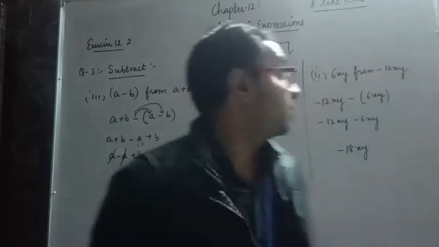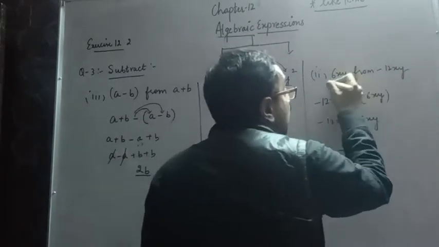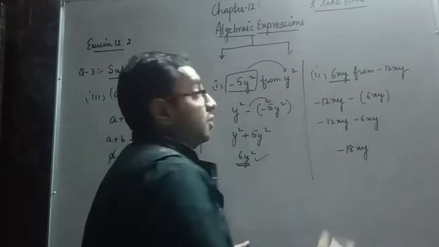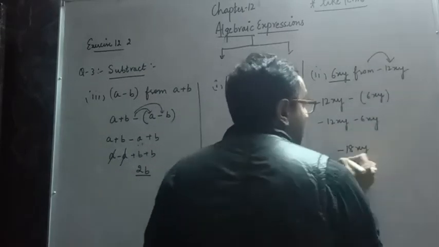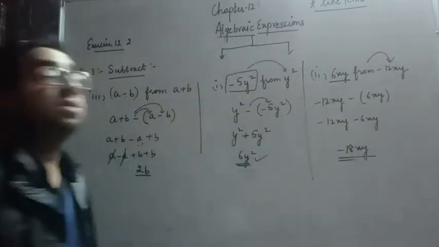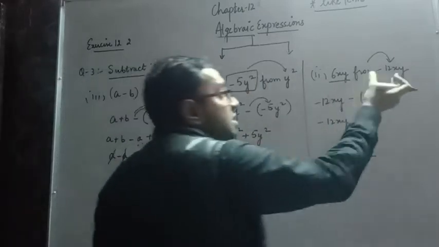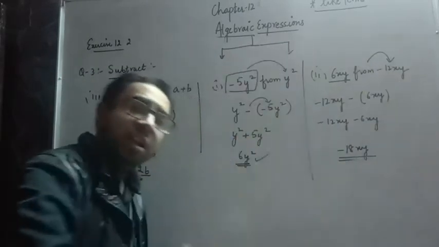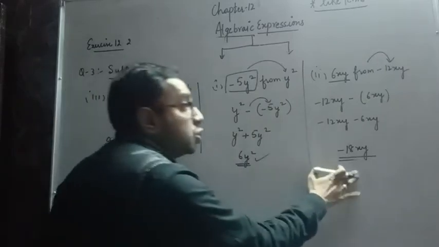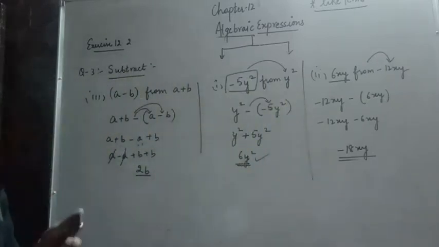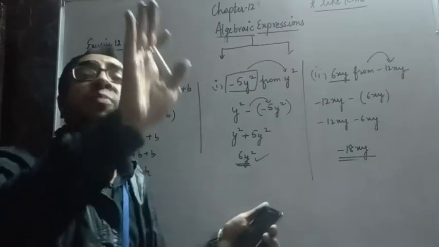Observe what happened now. Subtraction of a positive number from a negative number will always give you a negative result. This is the rule. Why? Because from a negative number itself we are subtracting the positive. The answer should be negative. Subtraction means we are deducting, so it will become lesser.